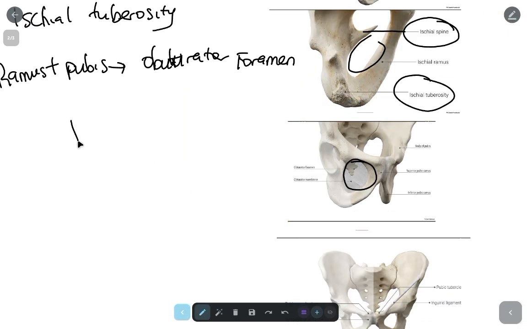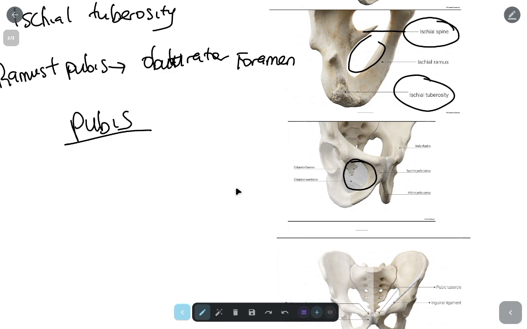We have the pubis. So we have talked about the ilium and the ischium. Now we are at the pubis, and these are the 3 parts of the hip bone. The most important thing you have to know about the pubis is that it is the anterior most part of the hip bone.